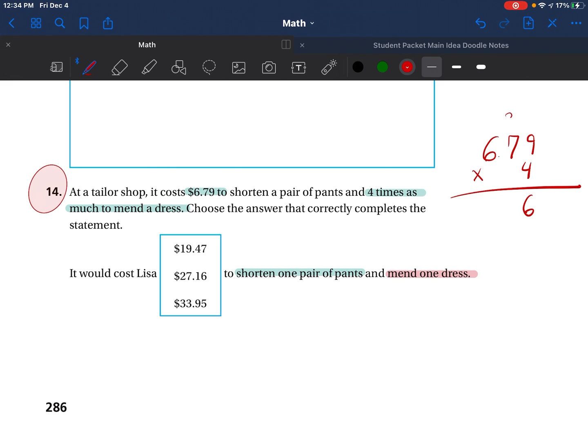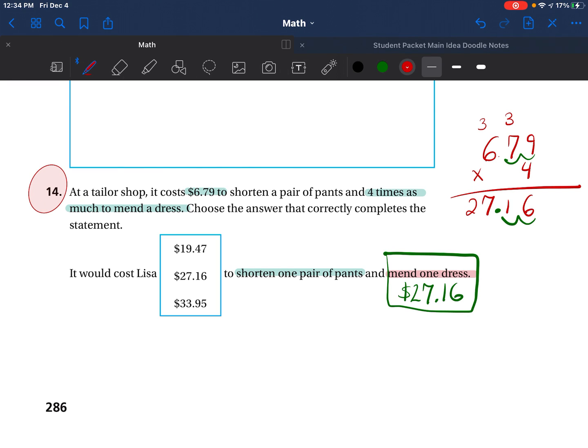So 4 times 9 is 36, and 4 times 7 is 28, so that'd be 31 with the 3, and 4 times 6 is 24, plus 3 is 27. And I have 2 decimal places. So it actually is going to cost $27.16 to mend a dress.